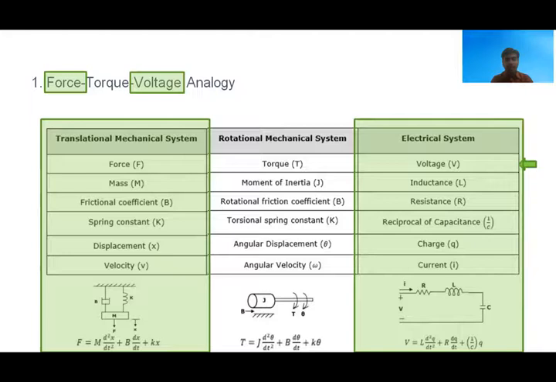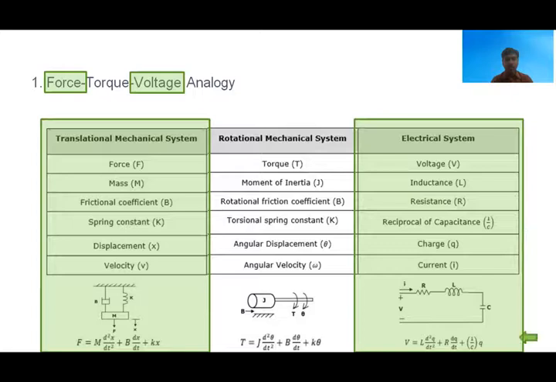By the mathematical expressions given at the bottom of this slide, if we compare the two expressions, the basic component values, mass, viscous friction coefficient B and spring constant K, are analogous to the inductance L, resistance R and the inverse of capacitance 1 by C. So the mass element is analogous to the inductance, friction coefficient B is analogous to the resistance, and spring constant K is analogous to the reciprocal of capacitance 1 by C.